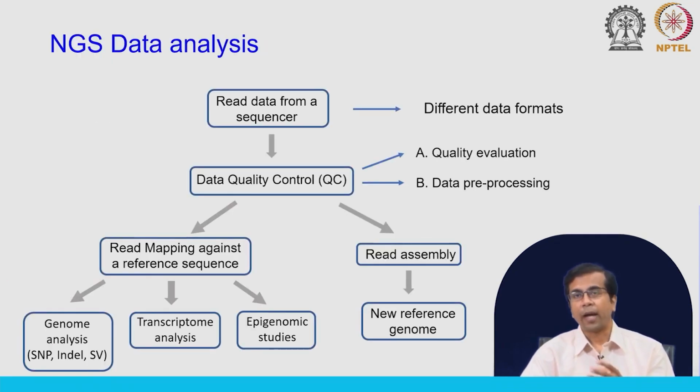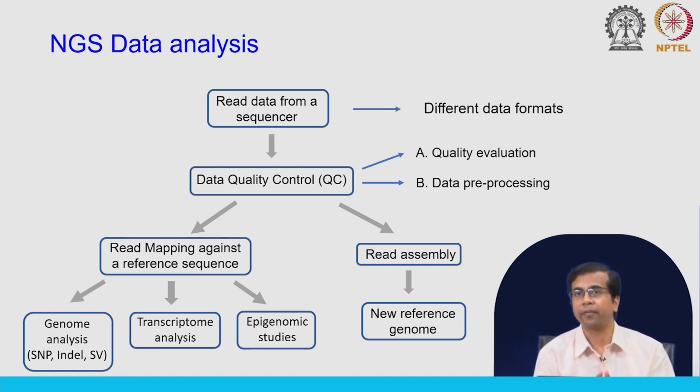So, again going back to the flow chart of NGS data analysis. Once we have this quality control done, you can do this pre-processing if it is required, and then you move into the mapping or assembly depending on the problem that you are working on. So, if your goal is to do single nucleotide polymorphism analysis or transcriptome analysis, you will go into the read mapping side.